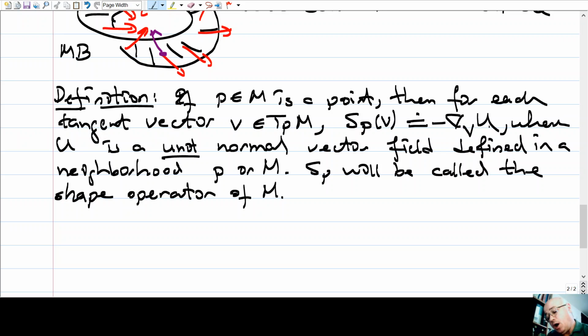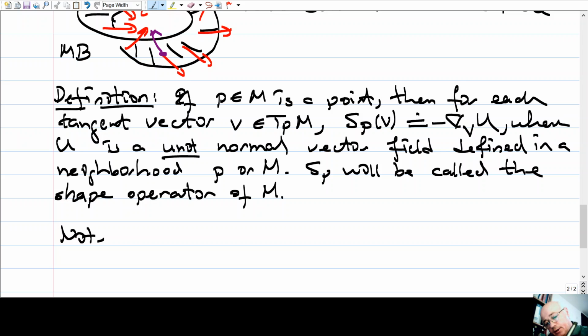This measures how this normal vector field moves as we move in the direction of the vector v at the point P. So you are at the point P and you move along the tangent vector v, and you measure how fast u changes. This is not a number, so when I say how fast, you shouldn't understand a real number, but this is a vector also. So it is the change in the vector u. So it is another vector.